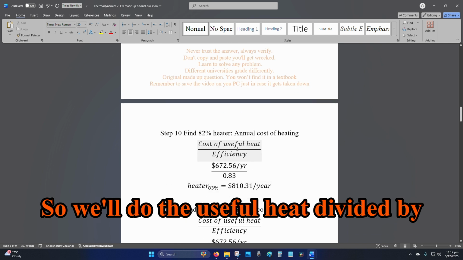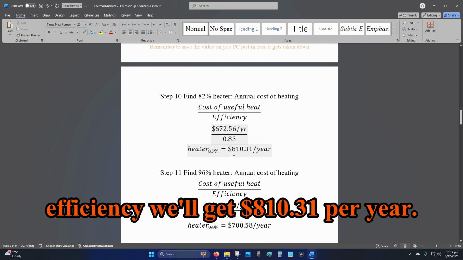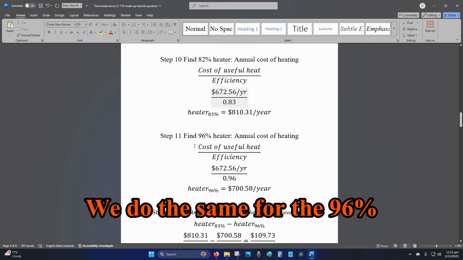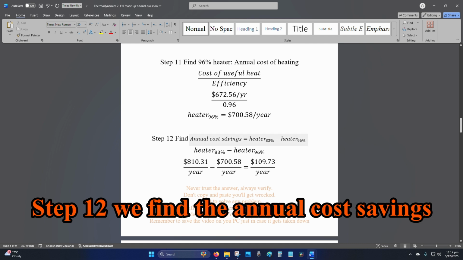So we'll do the useful heat divided by efficiency. We'll get $810.31 per year. We do the same for the 96% heater. It is $700.58 per year. Step 12, we find the annual cost savings.